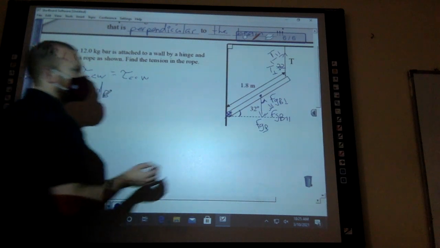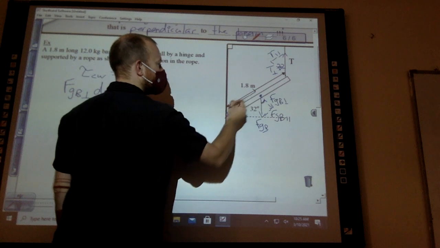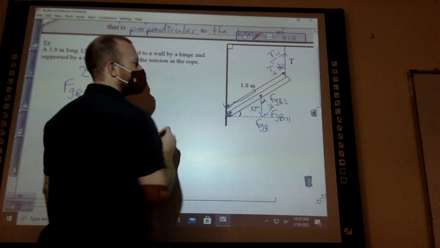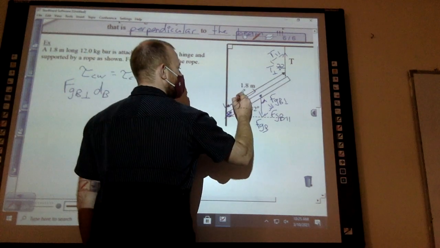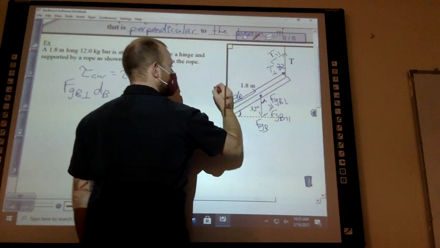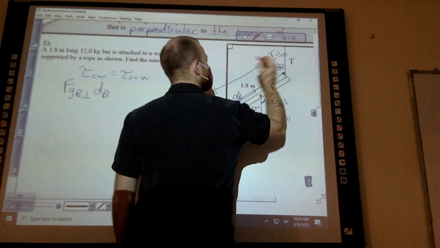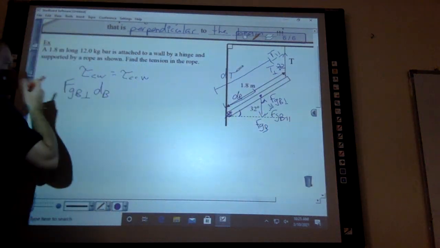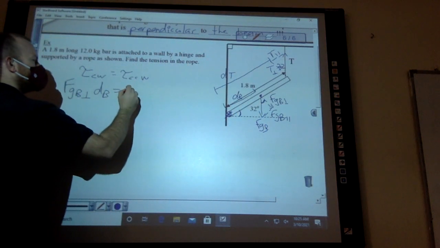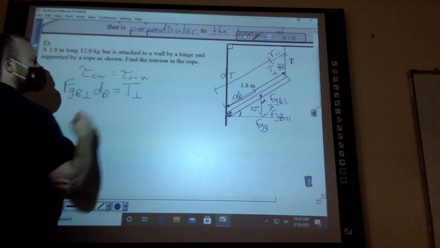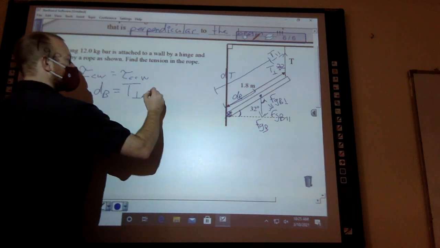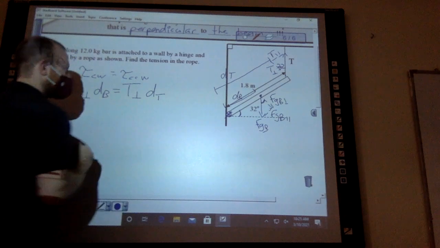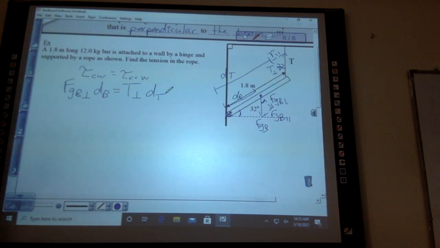I didn't label this yet. Just this. It's half of the 1.8. So this is equal to my tension perpendicular times the distance to that tension point. Good so far? Yeah?